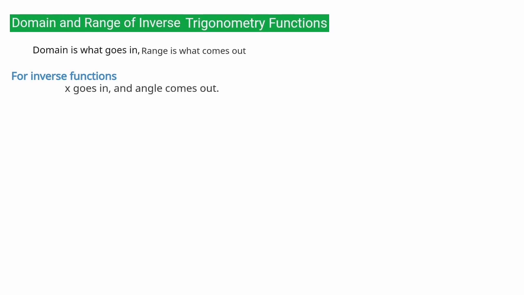So here x goes in and angle comes out. Theta is equal to sine inverse x, where theta is an angle. If you replace x and put a value, that is the input, and the answer we get from sine inverse x is theta, that is the angle. Diagrammatically, if you represent theta is equal to sine inverse x, x is the input value, that is our domain, and sine inverse x will be equal to theta, that is an angle.